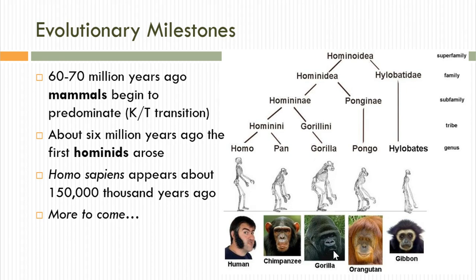So this 150,000 was based on some genetic data, which has since been refined, but then we have some fossil evidence that's putting us around 300 to 350,000 years. So I will change this maybe on the PowerPoint. I need you to change it on your PowerPoint, okay? So put that at 300 to 350,000 years ago. And of course, we'll talk about more of that later on, because what about all these guys? Yay, because they're all apes too.